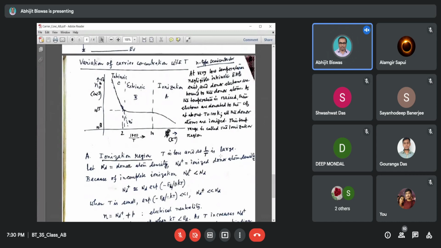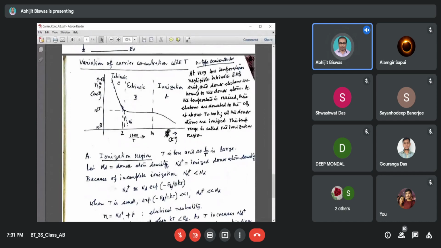At very low temperature we find a negligible amount of electron hole pairs, and all the donors are not ionized. Because the thermal energy is less, they cannot ionize all the donors. Therefore, you will find some incomplete ionization of donors, so we cannot write Nd plus equal to Nd. Under this situation, we must write Nd plus less than Nd.